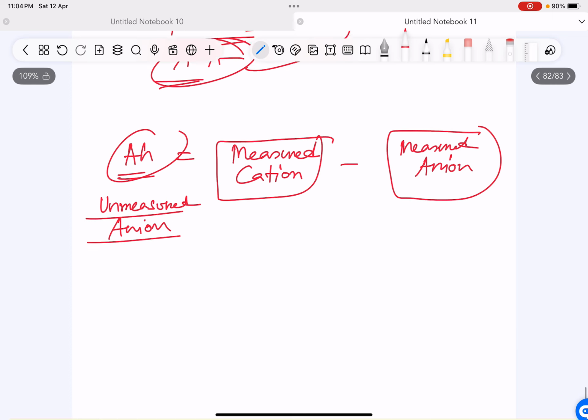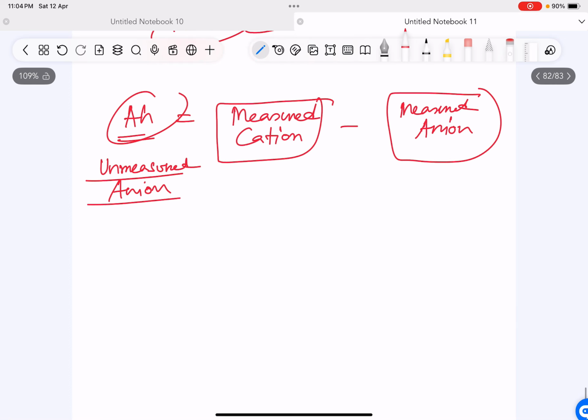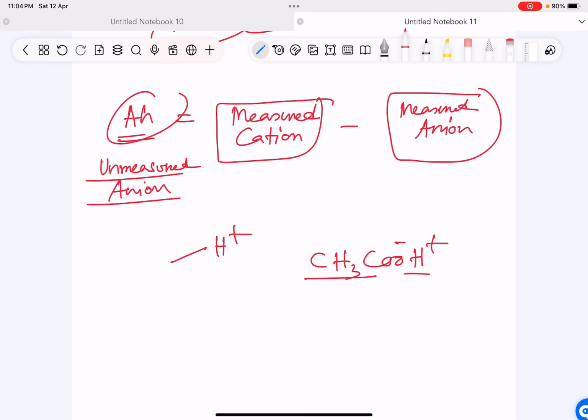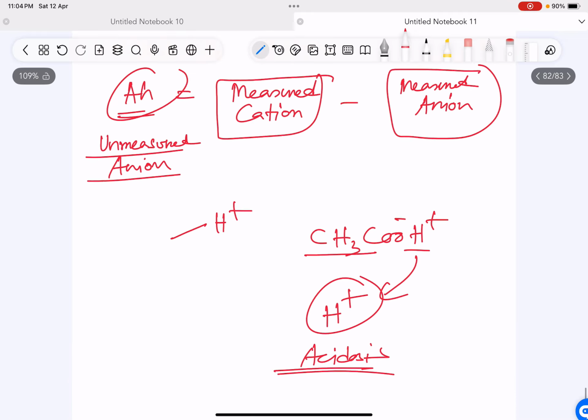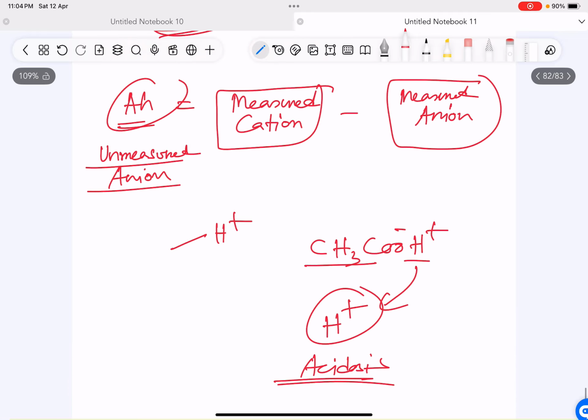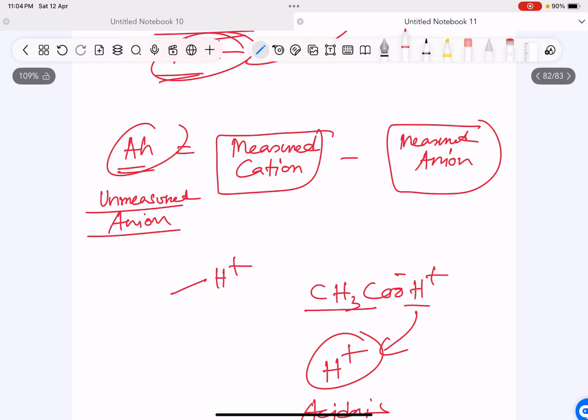Now, in this condition, in metabolic acidosis, you are having a lot of acids. So what will acid do? Acid will give H plus. Suppose I have this acid, CH3COOH, acetic acid. This will become CH3COO minus and H plus. So this H plus will be in your blood, and this H plus is the cause of acidosis. And what your body will do as a fighting mechanism: in the measured anion we have two things, HCO3 minus and Cl minus.